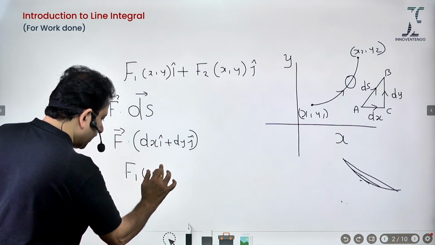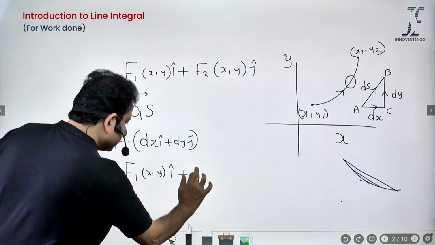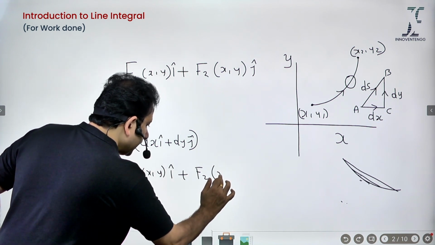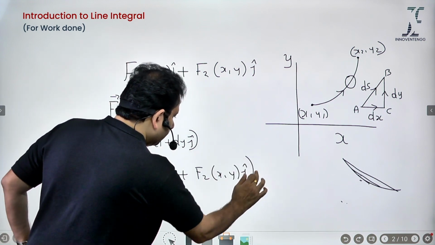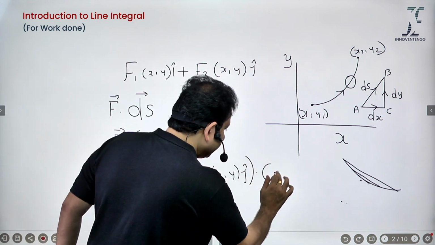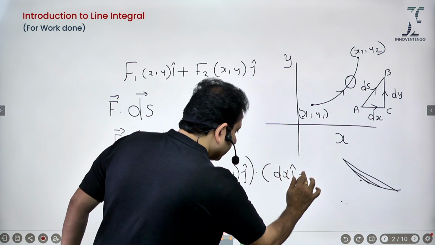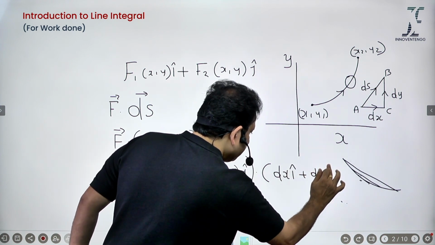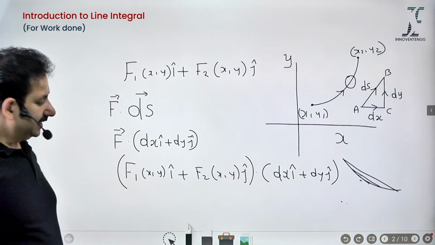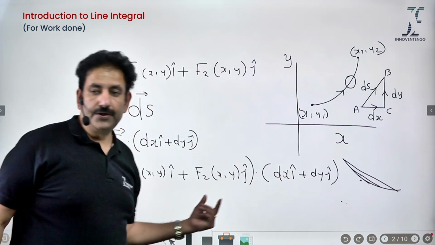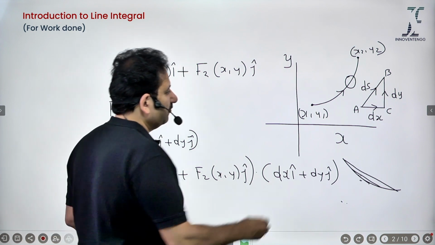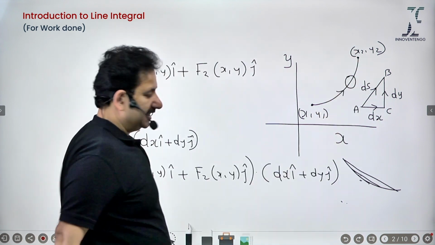F1(x, y) i plus F2(x, y) j, and then that is going to be dotted with dx i plus dy j, right? If I do the dot product, what will I get? I'll get F1 into dx plus F2 into dy. That becomes my work done for the elemental displacement.